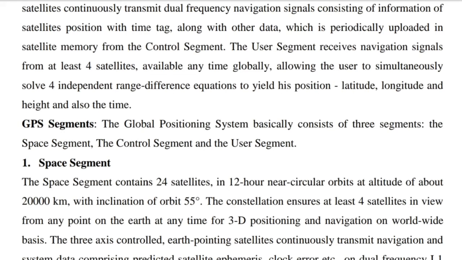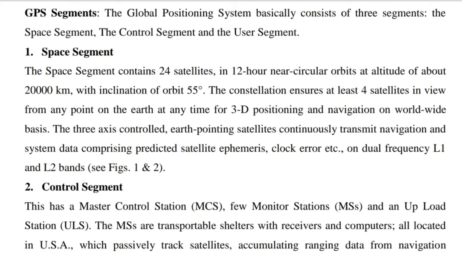The constellation ensures at least 4 satellites in view from any point on the Earth at any time for 3D positioning and navigation on a worldwide basis. The 3-axis controlled Earth-pointing satellites continuously transmit navigation and system data comprising predicted satellite ephemerides, clock error, etc. on dual frequency L1 and L2 bands.